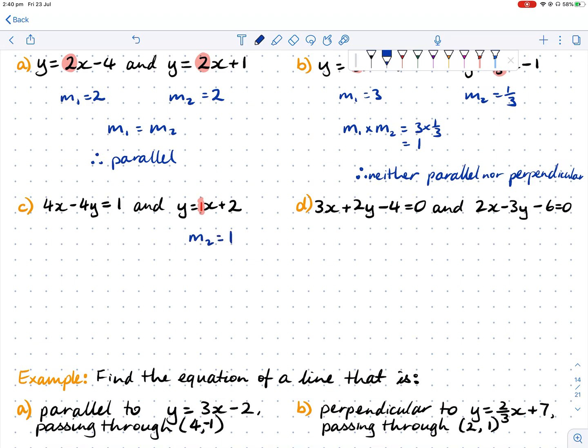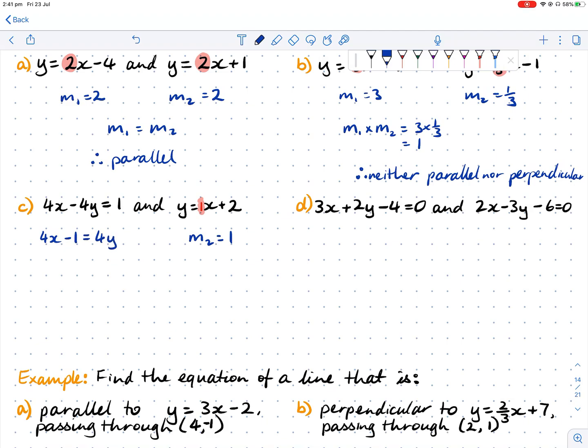If we look at the first equation, what we need to do is rearrange it. First, because y is negative, I'm going to move the y to the right, and I can move the 1 to the left. So we could rewrite this as 4x minus 1 equals 4y.